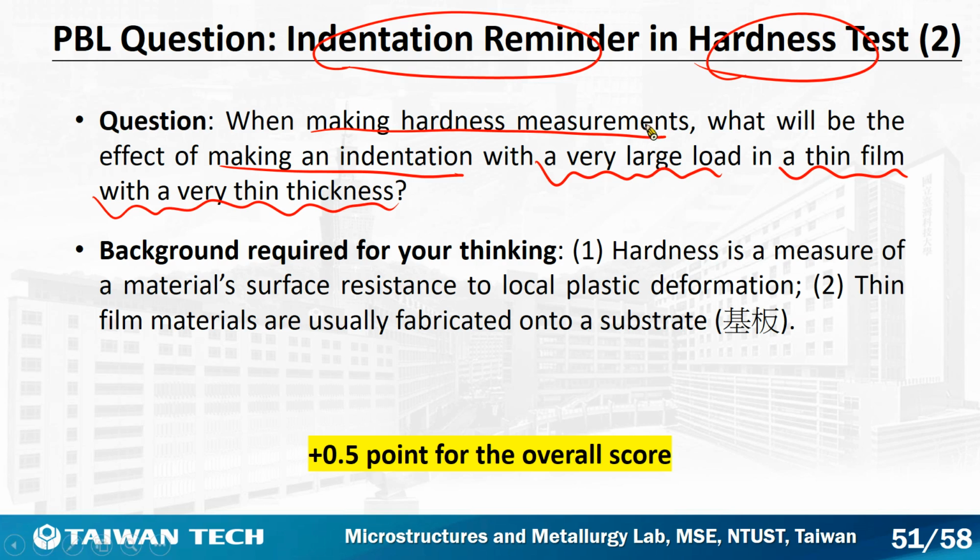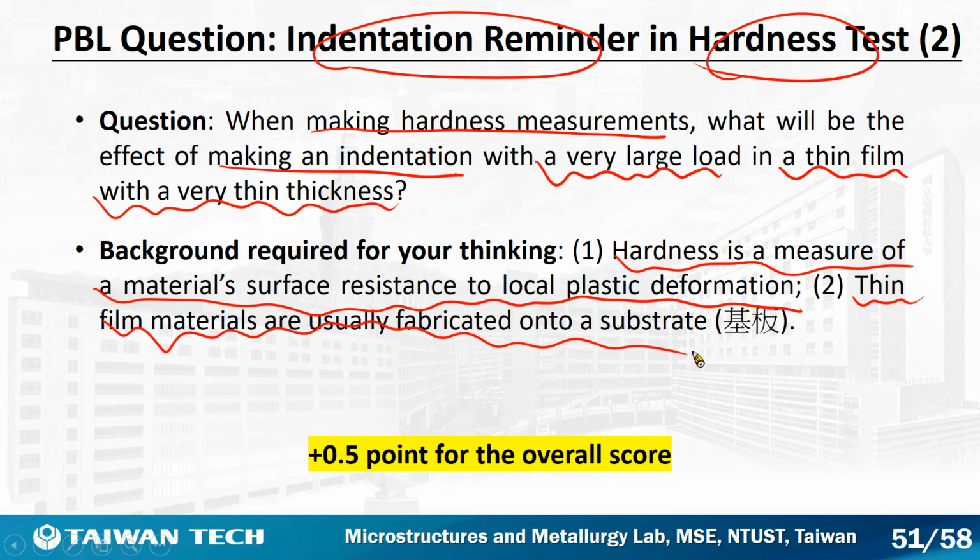The first one: hardness is a measure of a material surface's resistance to local plastic deformation. The second one: for a thin film material, we usually fabricate it onto a substrate. For example, we first use a silicon substrate, and then we deposit a material here.